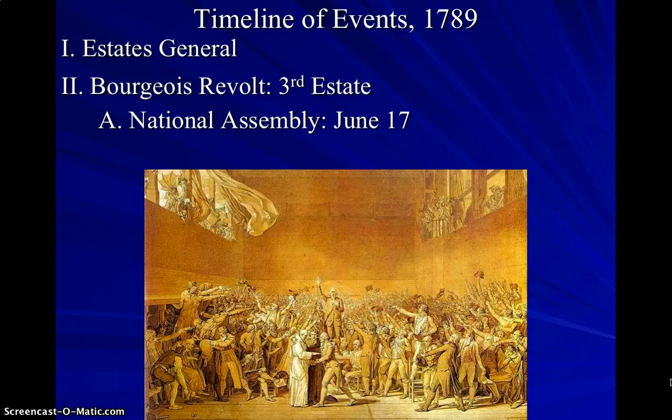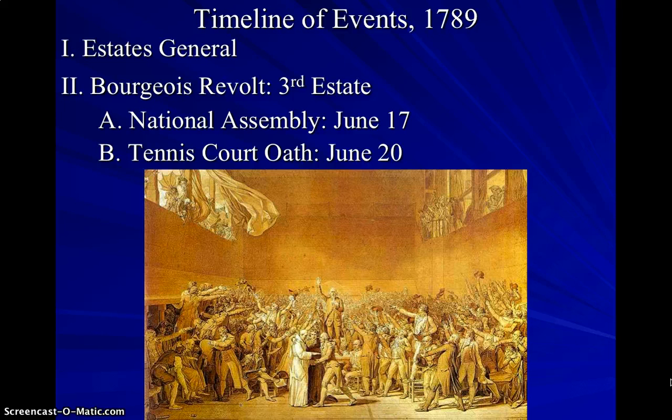And what they essentially do is because they actually got locked out of the meeting originally that was being held, they just went next door into what's known as a tennis court, and they decide to declare a national assembly. In June of 1789, they say that we're just going to create a new legislative group, the National Assembly. So in June, this originates, and everyone would vote by head, so it would be one man, one vote. And the emphasis for this new movement is very much one man, one vote. They were not giving the vote to women.